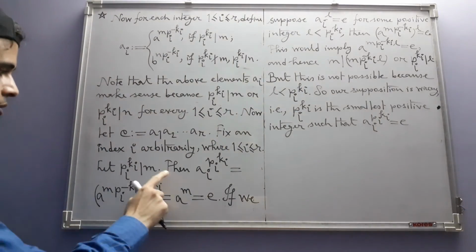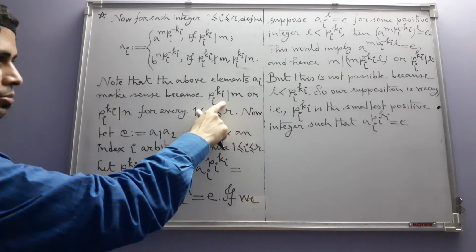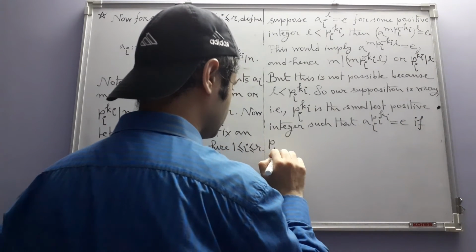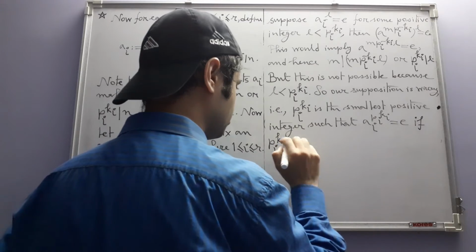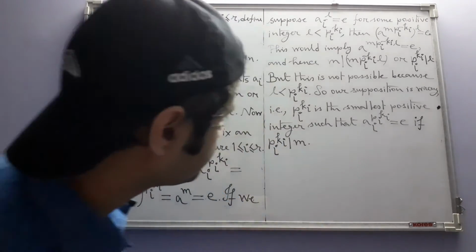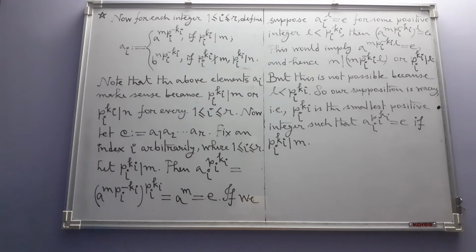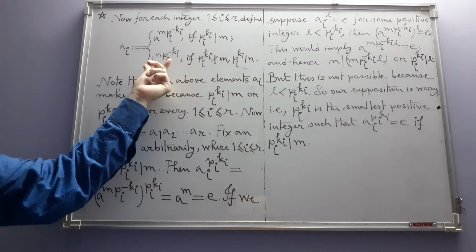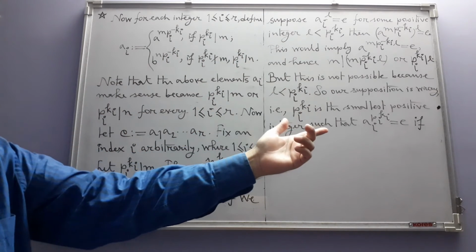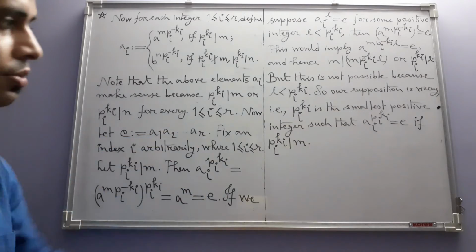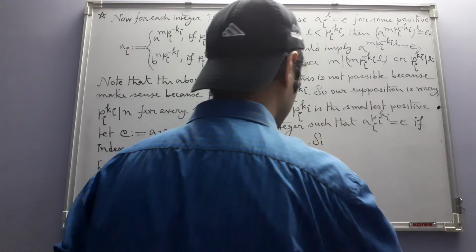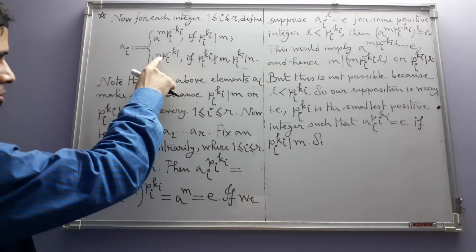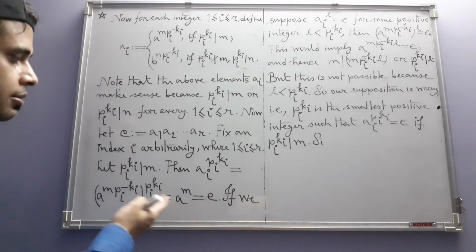But don't forget the condition that we have assumed. Similarly, you can show that if this and this are true, then also p_i to the power k_i is the smallest positive integer for which this is true. After this step, you will have to deal with b to the power n times p_i to the power minus k_i. That's all.